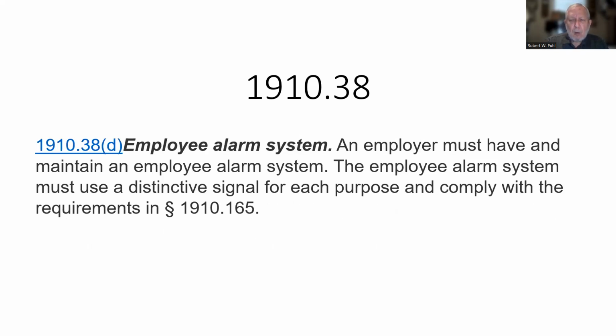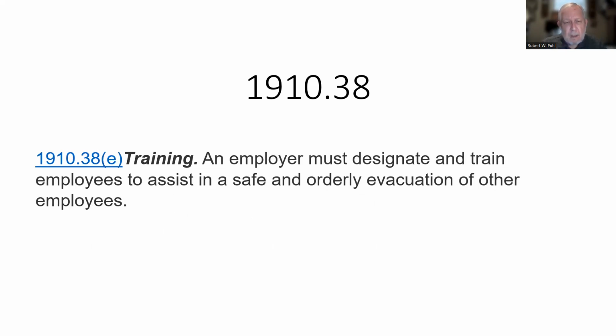Employee alarm system. The employer must have and maintain an employee alarm system. The employee alarm system must use a distinctive signal for each purpose and comply with the requirements of 1910.165. Training. An employer must designate and train employees to assist in a safe and orderly evacuation of other employees. And that's usually the supervisors or leads.